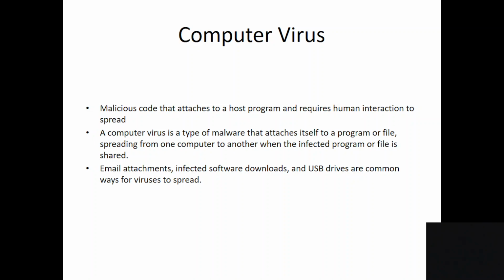A computer virus is a type of malware that attaches itself to a program or file, spreading from one computer to another when the infected program or file is shared or copied, if you are copying it from any location through a pen drive or media. The sources can be email attachments, infected software downloads, and USB drives.